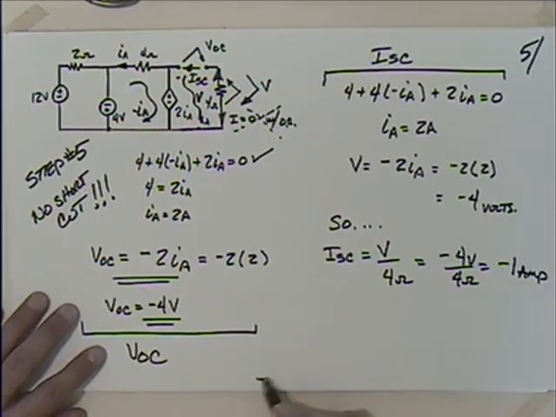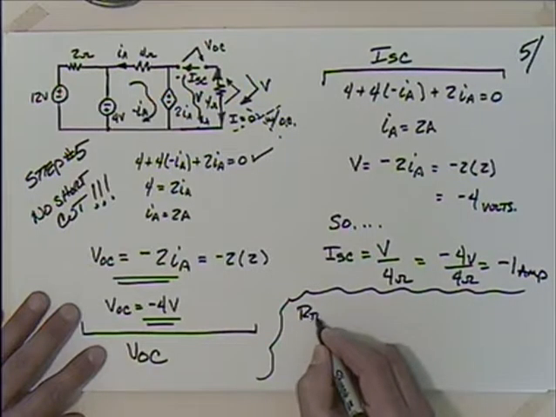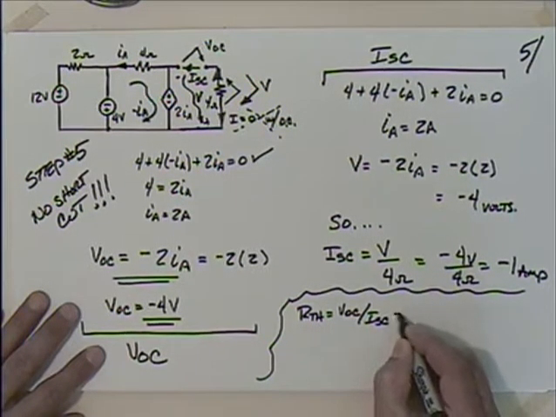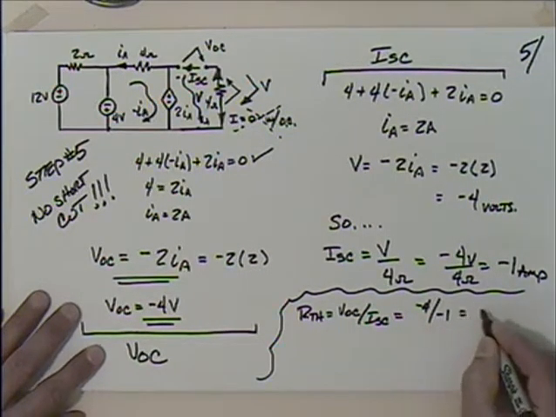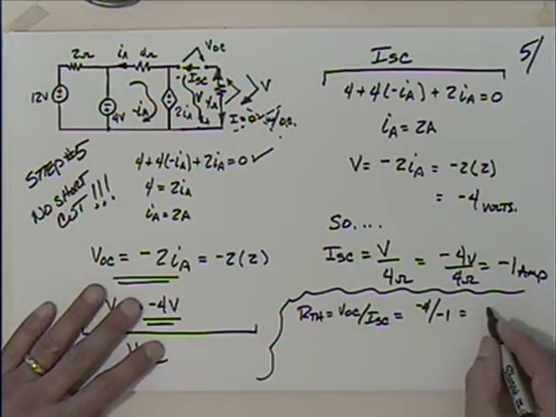Okay, so then we can put this together, and we can say then that R Thevenin is equal to V open circuit divided by I short circuit, which is minus 4 divided by minus 1, which gives me a positive. The negatives cancel. I get a positive 4 ohms.